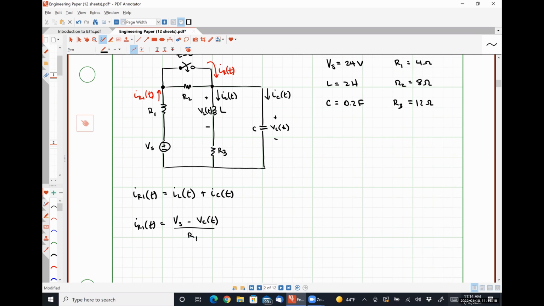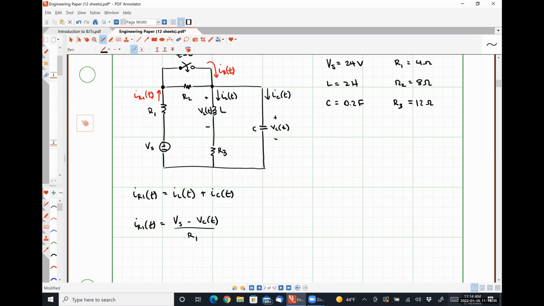And why that's important is because I can do some simple manipulation here and effectively get rid of a term. Maybe this will help explain what I'm about to do.